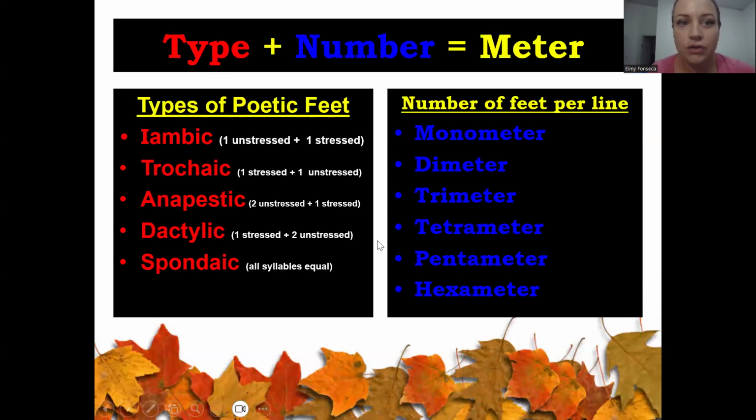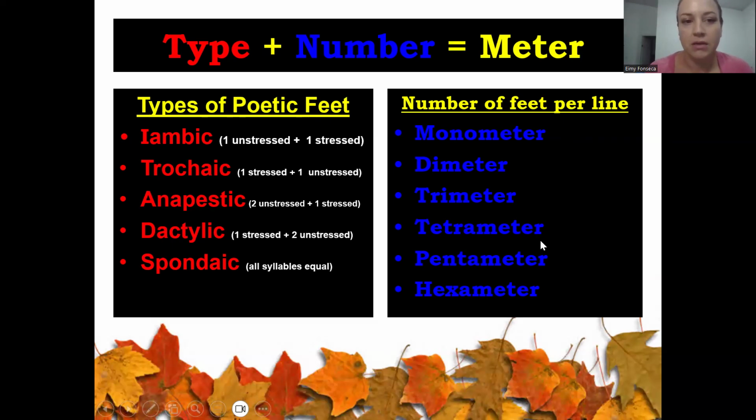Okay, and usually when we analyze a poem, we make a combination of these two terms, right? We first identify the pattern, and then we count how many times they have used the pattern in a line, okay? For example, we can say that a line is an iambic tetrameter.